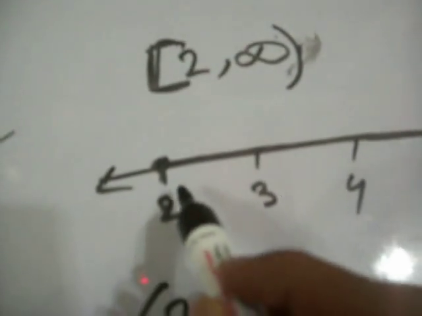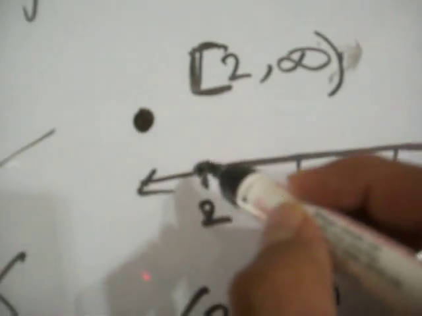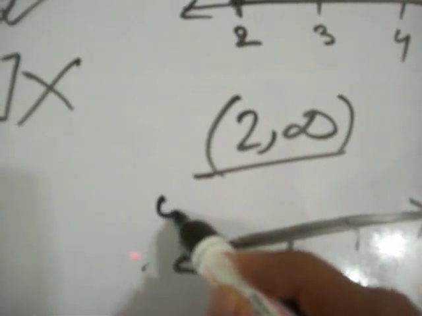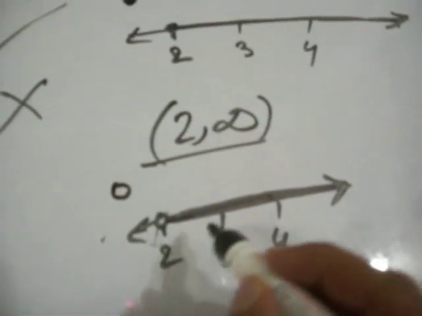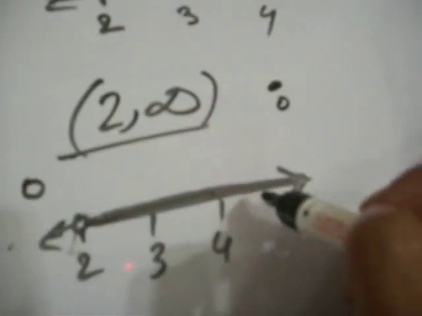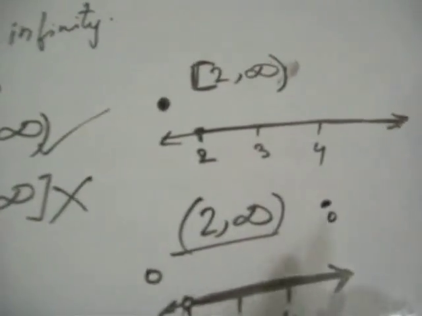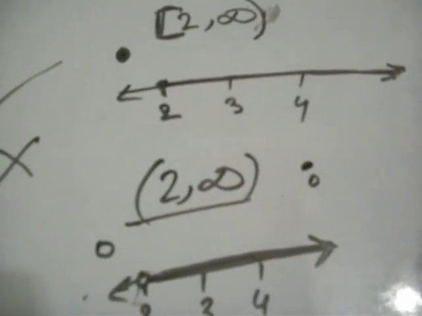Here the 2 was included, so this was a filled circle, like we make a circle and then we fill it. But this time we only make the circle to show that the 2 is not included. And anyway, the infinity has nothing to do with this or this, it only has to be shown with an arrow, because we have to show that we do not know what infinity is.